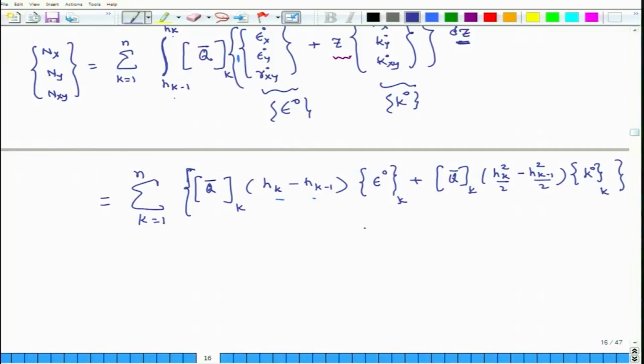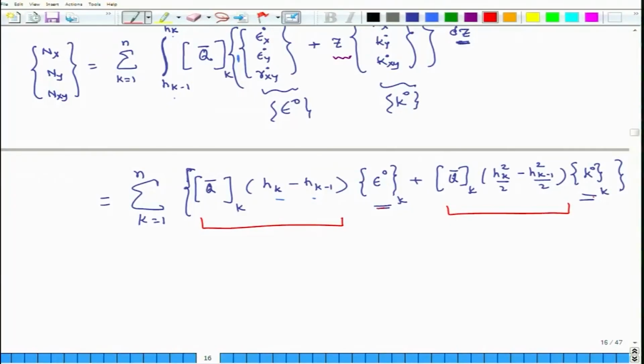Now, across all the layers the mid plane strain does not change, because it is at the mid plane. So, when I am adding this up, epsilon naught is common, and in the other term, k naught is common. So, I have to add up products of these for individual layers.